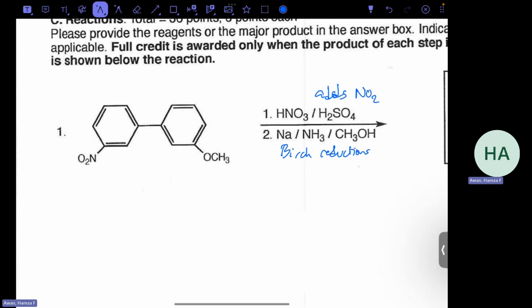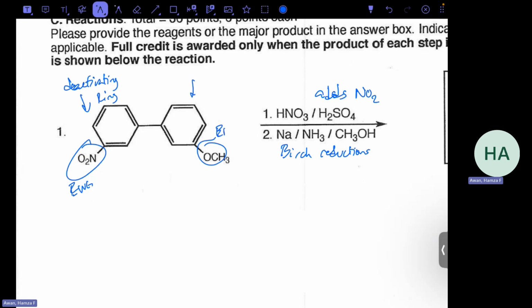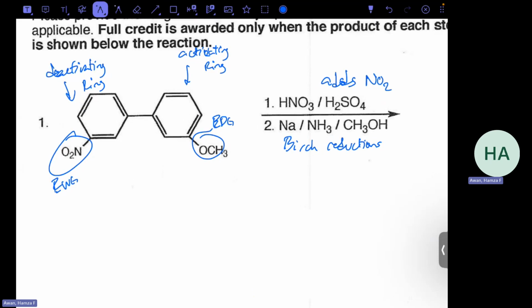So whenever we are looking at which ring to add the NO2 to, we have to look at which ring is activated, right? So this NO2 is an electron withdrawing group, and that is deactivating the ring. Versus this OCH3 ether, this is an electron donating group, and this is an activating ring. So electron donating groups, especially this OCH3, they are ortho para directors.